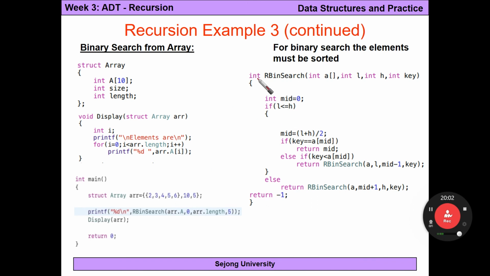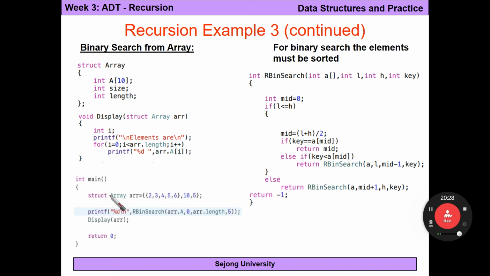Here is the RBinSearch function, the recursive binary function. In this, we are giving these function parameters ourselves. As you can see here, we are giving the array, the lower value, the upper value, and the key element.